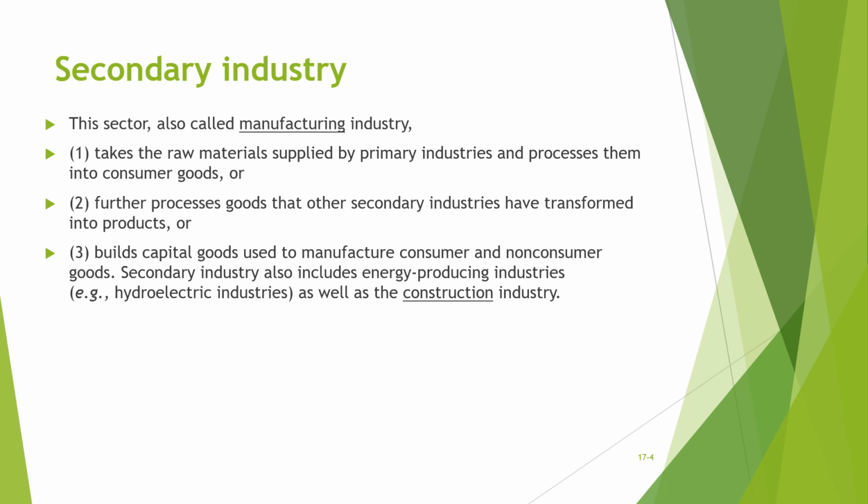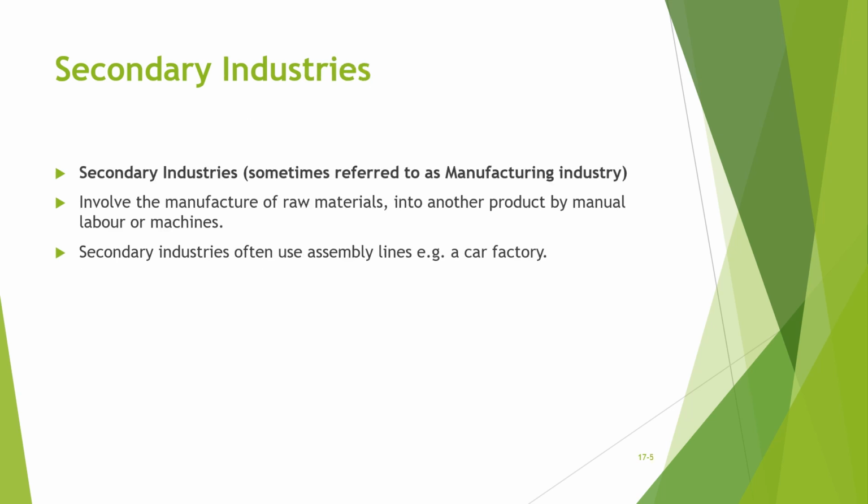These are all secondary industry. Secondary industry also refers to manufacturing industries, including the manufacturing of raw material into other products by manual labor or even machines nowadays. Secondary industry often uses a lot of assembly lines. For example, producing cars, TVs, and washing machines.